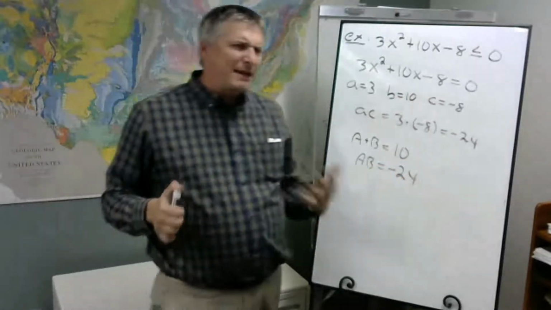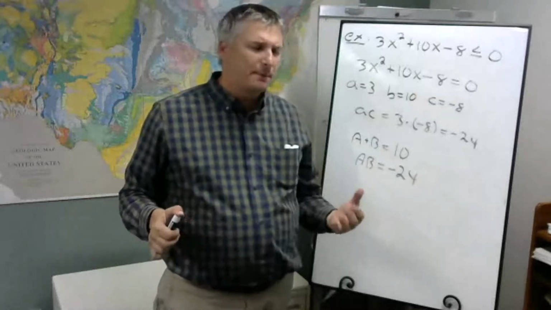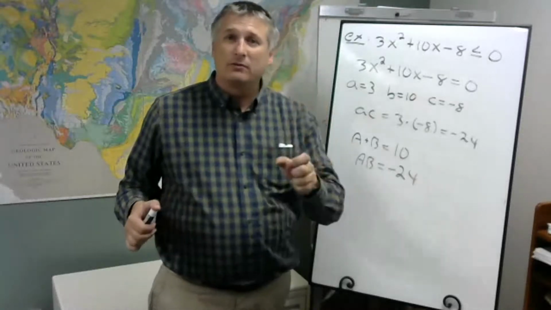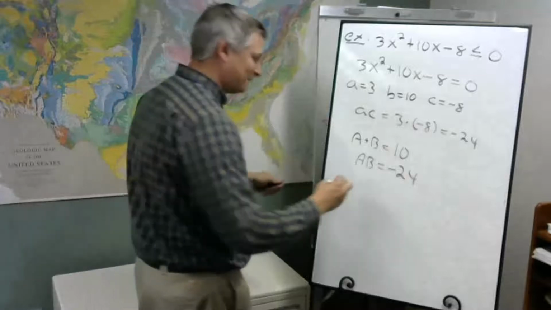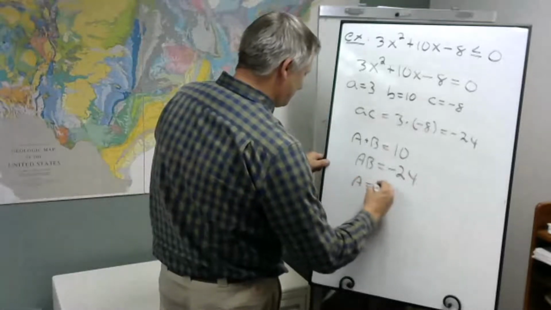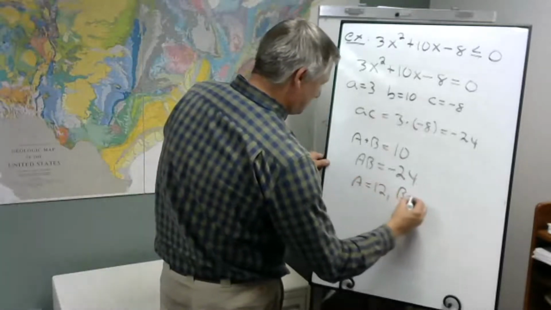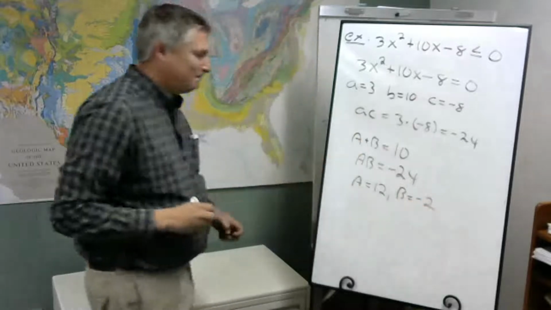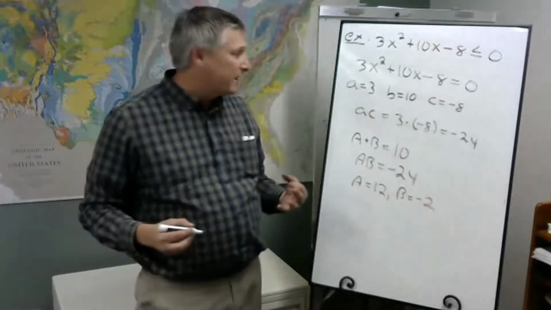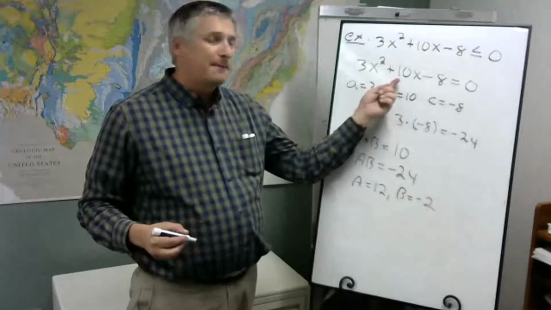So two numbers that add up to 10 but multiply to negative 24, 12 and negative 2.